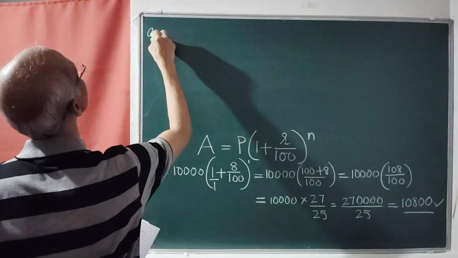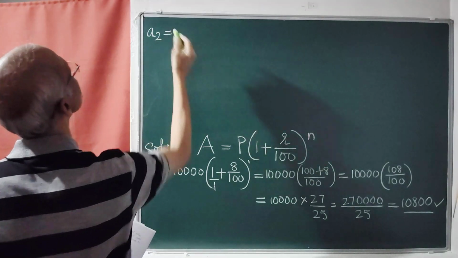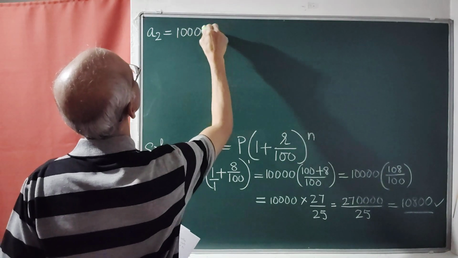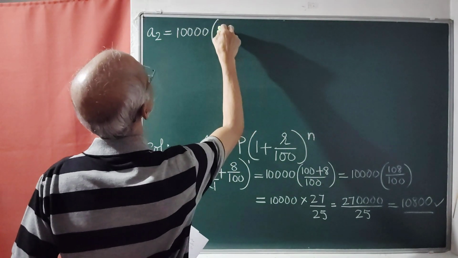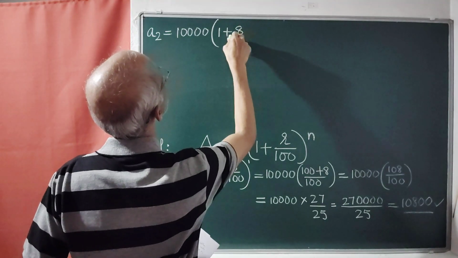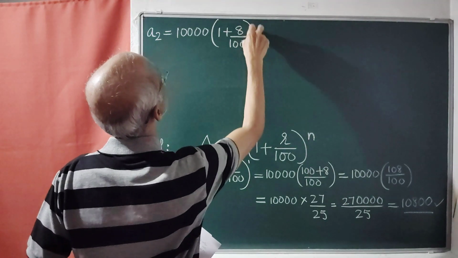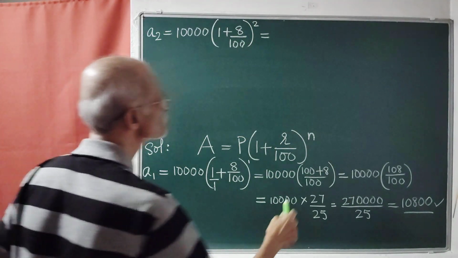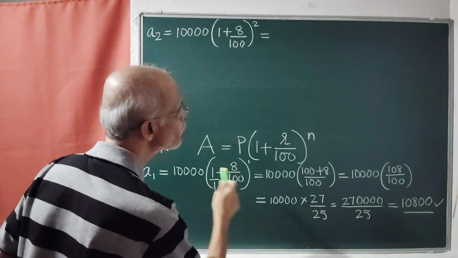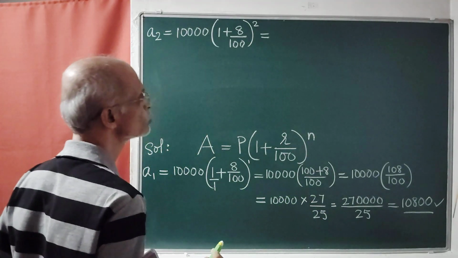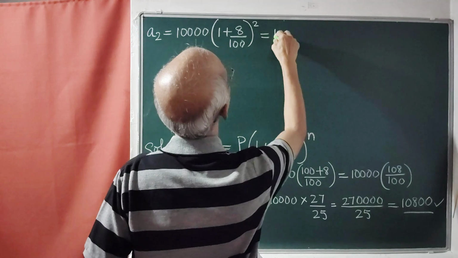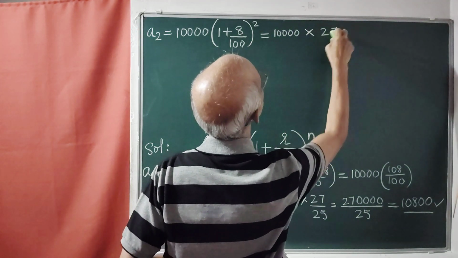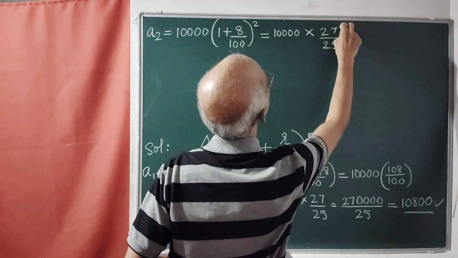Now we will see the amount at the end of 2 years. It will be 10,000 into 1 plus 8 by 100, the whole raised to 2. So for this, what we got? We got 27 by 25. So it will be 10,000 into 27 by 25 whole square.